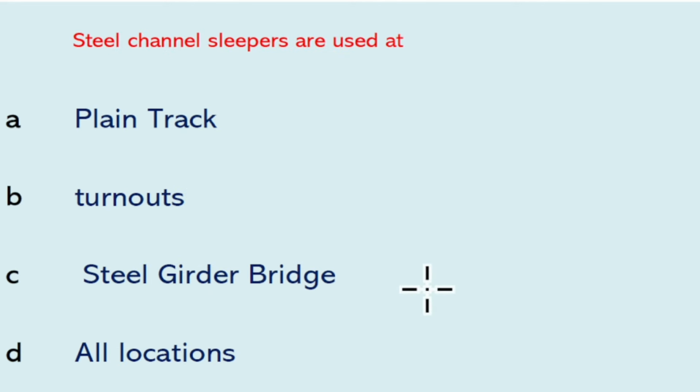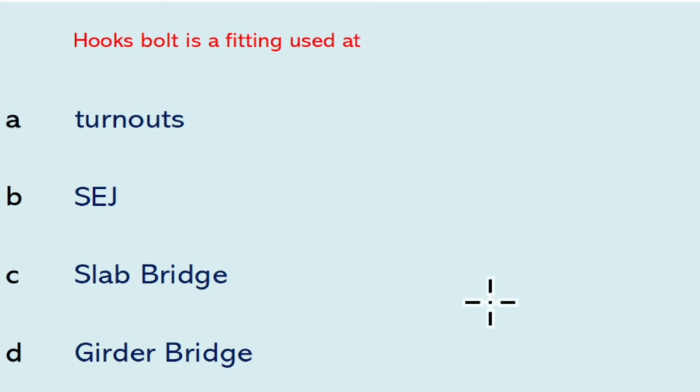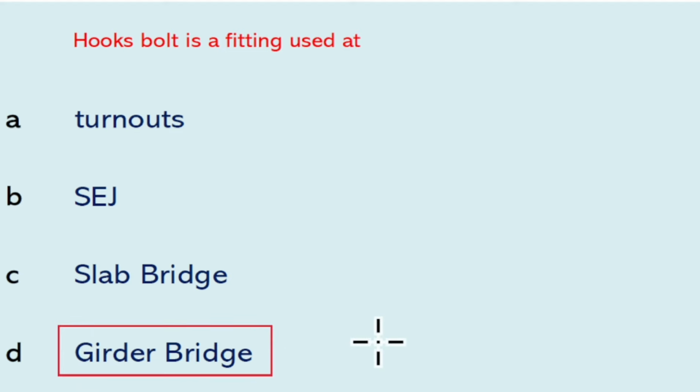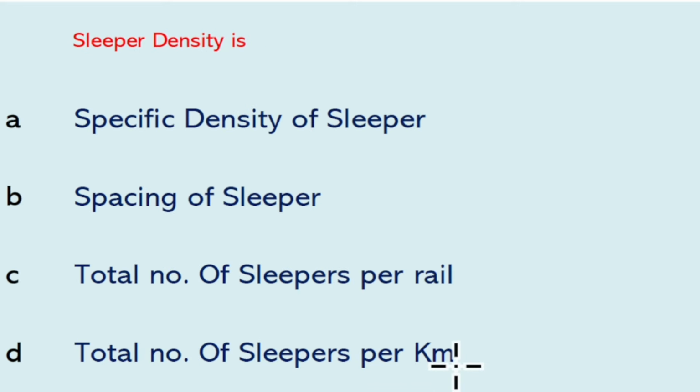Steel channel sleepers are used at steel girder bridges. Hook bolts is a fitting used at girder bridges. A spherical washer are used at bridges, ACJ, LC, no. Inclined planes in point and crossing.